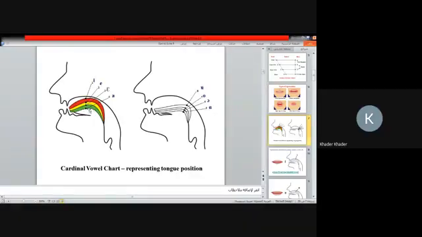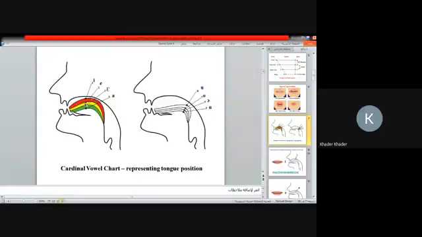Now in number 4, the tongue is low, but not as low as number 5. Why? Because number 5 is the lowest position the tongue can achieve, but towards the back of the tongue.